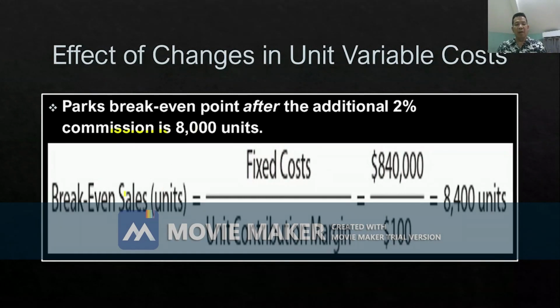We have the break-even sales equals to fixed cost over unit contribution margin. So 840,000 over 100. So we have 8,400 units. Dito yung magkaroon tayo ng break-even sales in units after na nag-propose sila for additional 2% commission in 8,000 units.